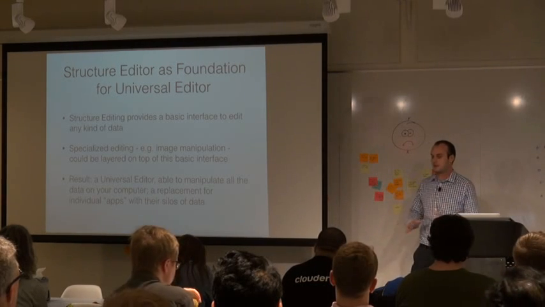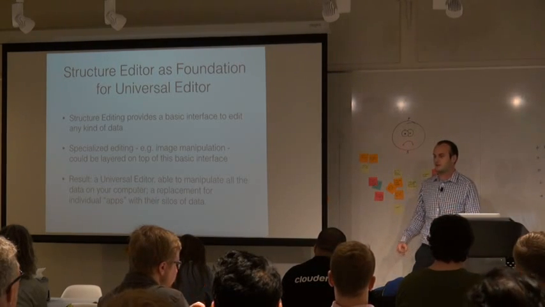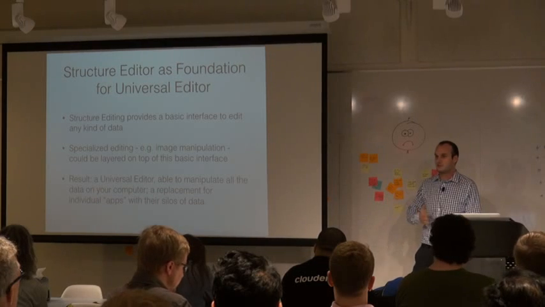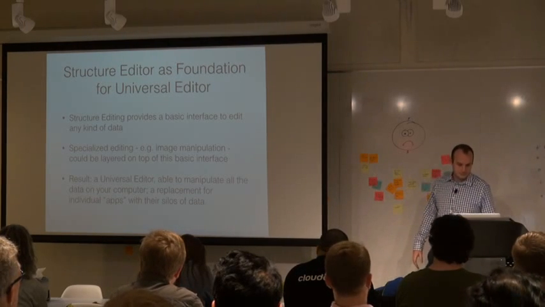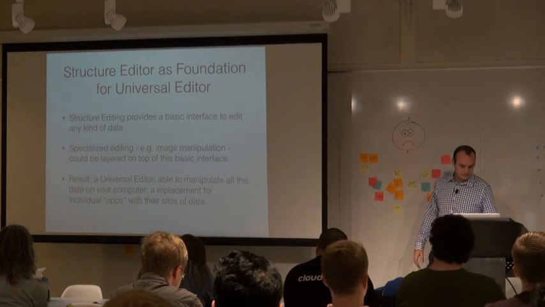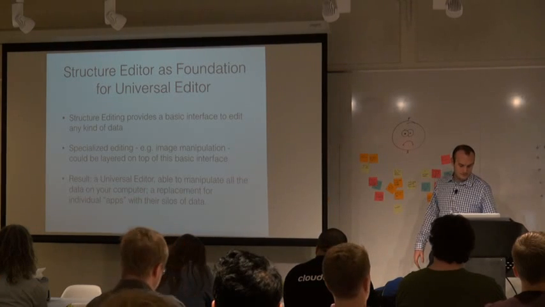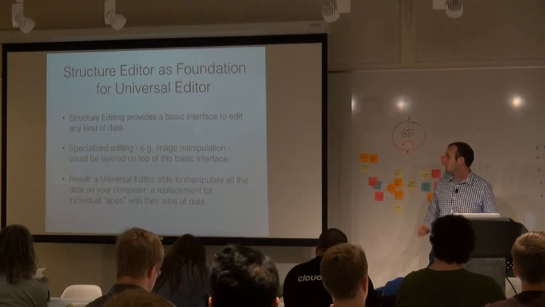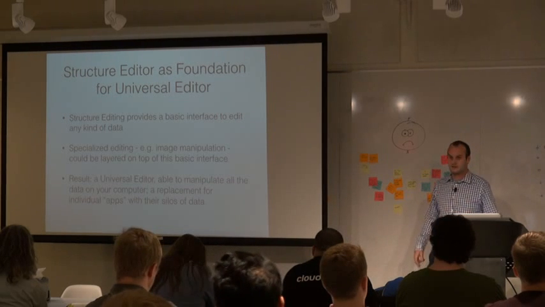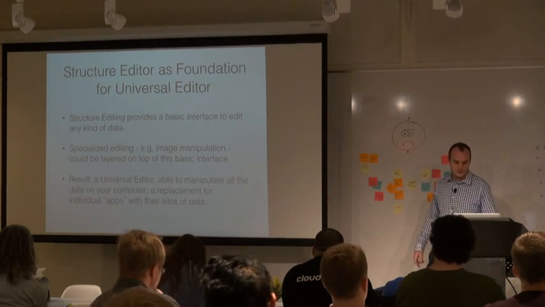It would kind of be a huge project as it is. There's no natural way to put that into the parser, into the editor, etc. So that's the overall vision, which I see the structure editor as kind of a building block for, a first step.